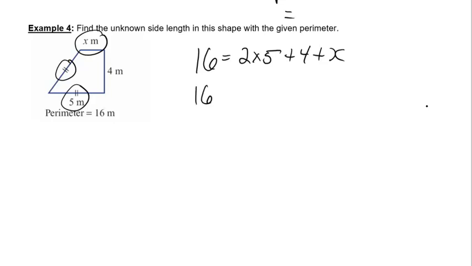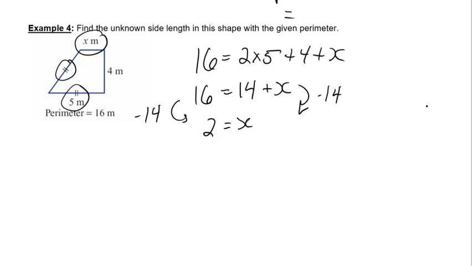So our perimeter is still 16, so 5 times 2 is 10, plus 4 is 14, plus the unknown, and we'll find x by subtracting 14 from both sides, which leaves us 2. Therefore, x is 2 meters.